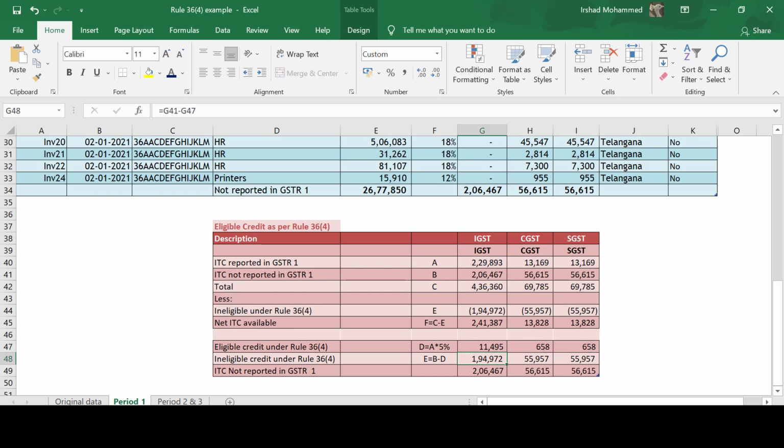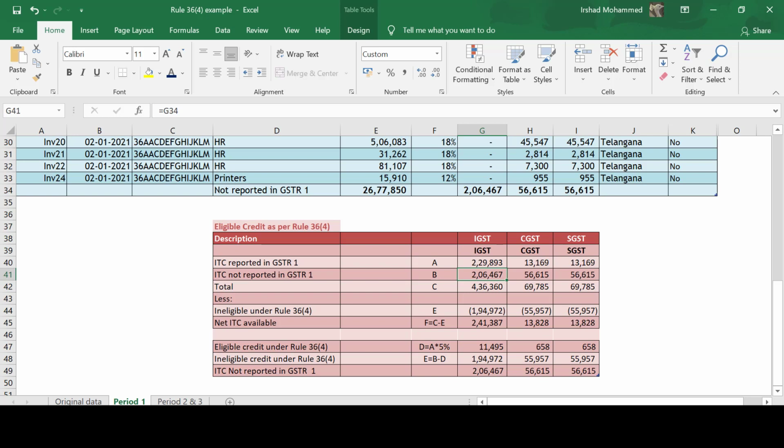And in the immediate row following this row, we have arrived at ineligible ITC after reducing this 5% ITC from the total ITC not reported in GSTR1. Now, we have this data which is nothing but ITC not reported in GSTR1 because the suppliers have not reported their invoices in respective GSTR1s.